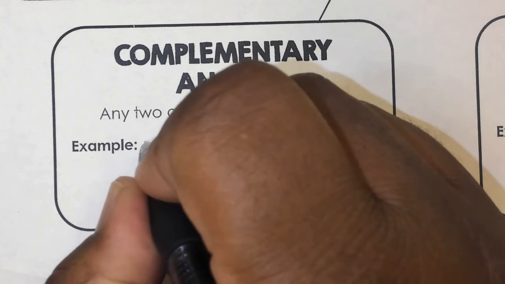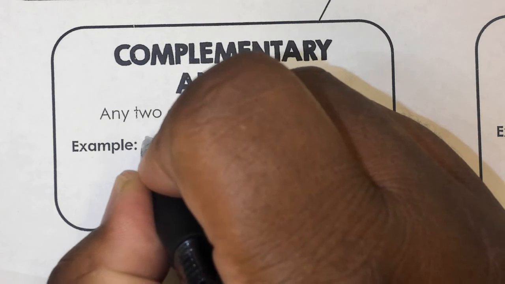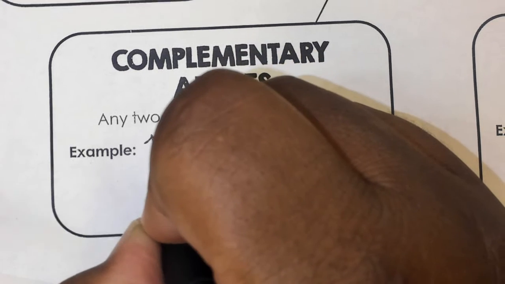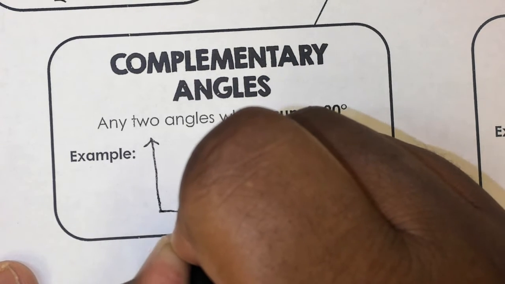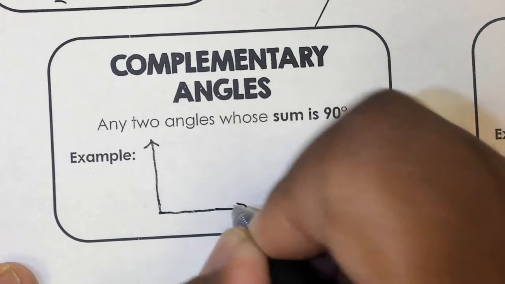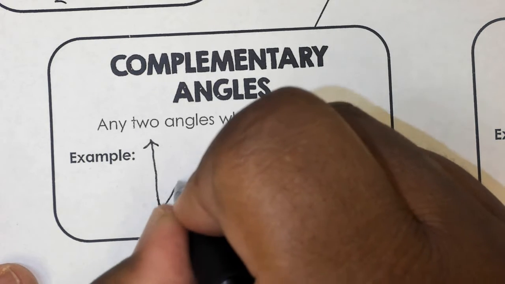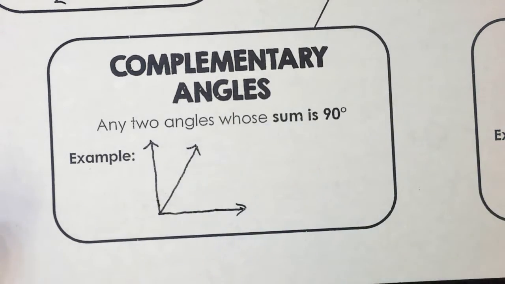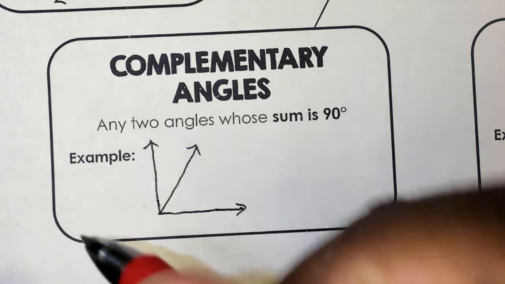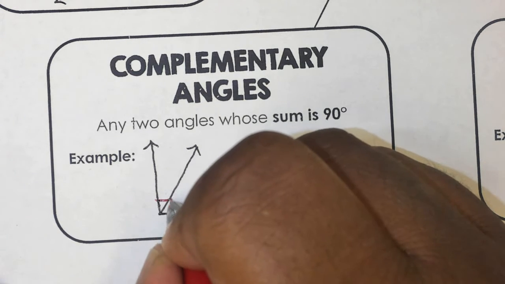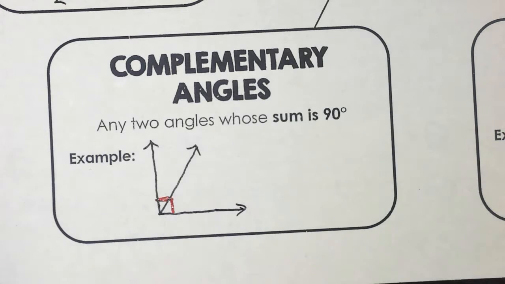So complementary can look two different ways to you. Since they add up to 90 degrees, it could be two angles that sit on a right angle. So you have two angles that sit on a right angle, and they'll be complementary. You got a right angle right here. You got two angles that sit on that right angle.